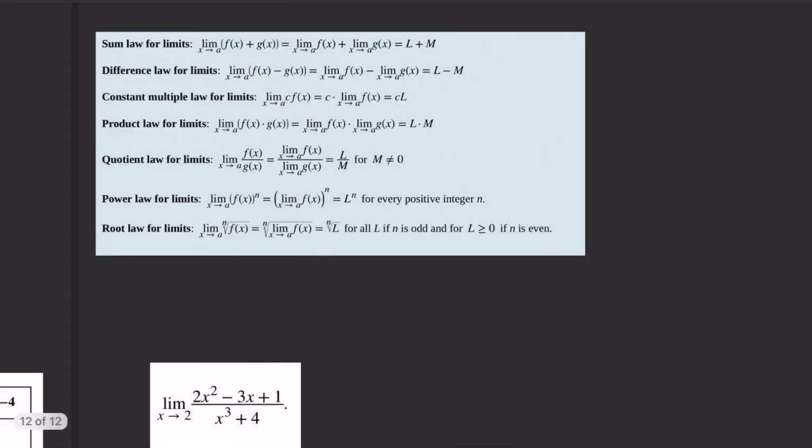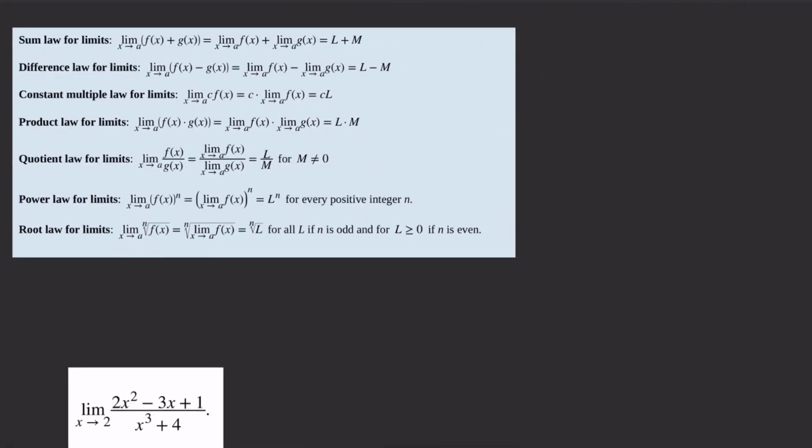Now we'll move forward to the properties of limits. What are these properties? First, if I am given two functions f(x) plus g(x) and I have to find the limit at the same point, I will distribute the limit to f(x) as x tends to a and g(x) as x tends to a. Here I'll consider the limit as x tends to a of f(x) is L, and the limit as x tends to a of g(x) is m.